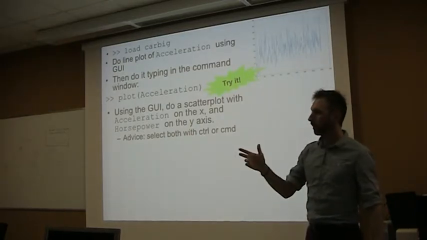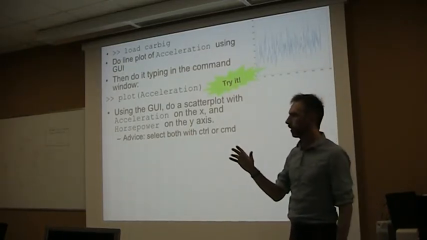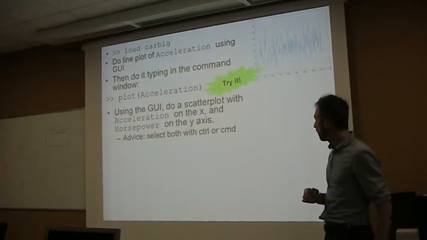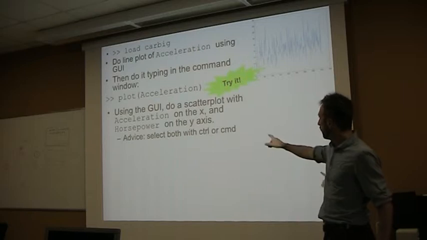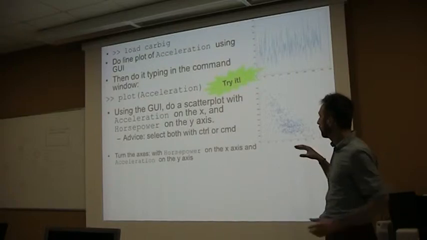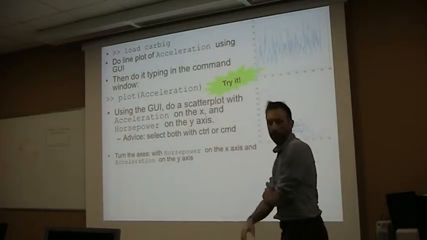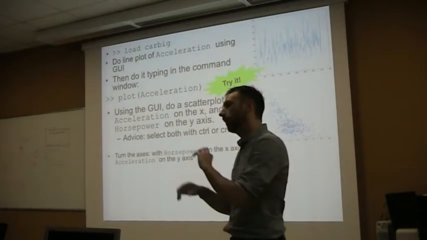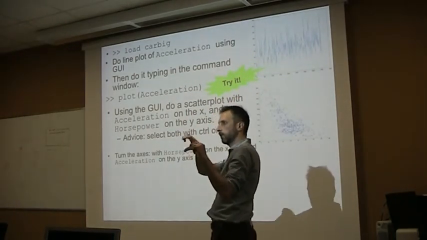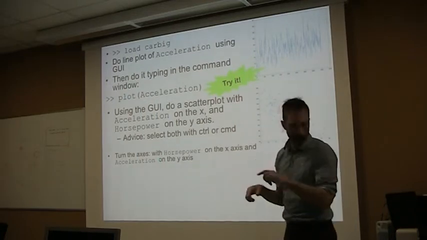And then same thing, you right-click, I think, and plot them as a scatter plot. With Control and Command. So you get something like this, and then you can turn the axis. And in the newest Matlab version, I saw it's on the top left. There's a little thing with a double arrow, and if you hit that, it should turn the axis.